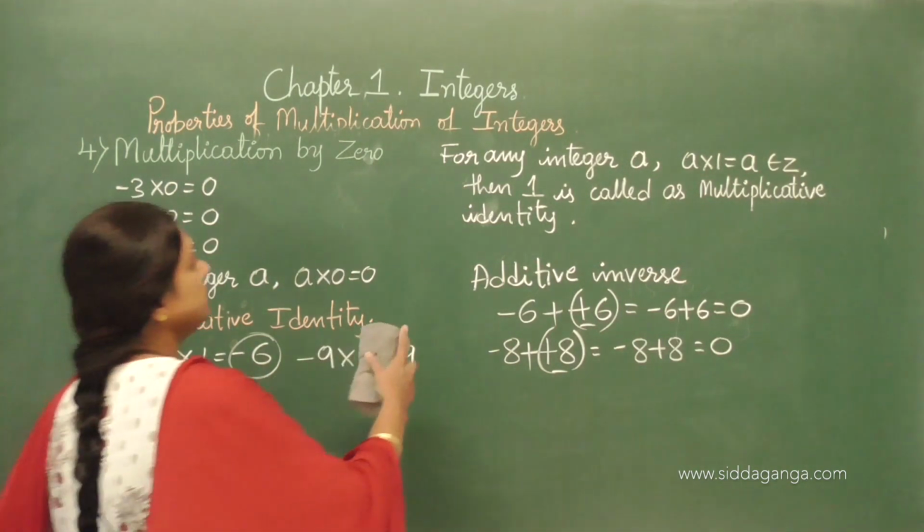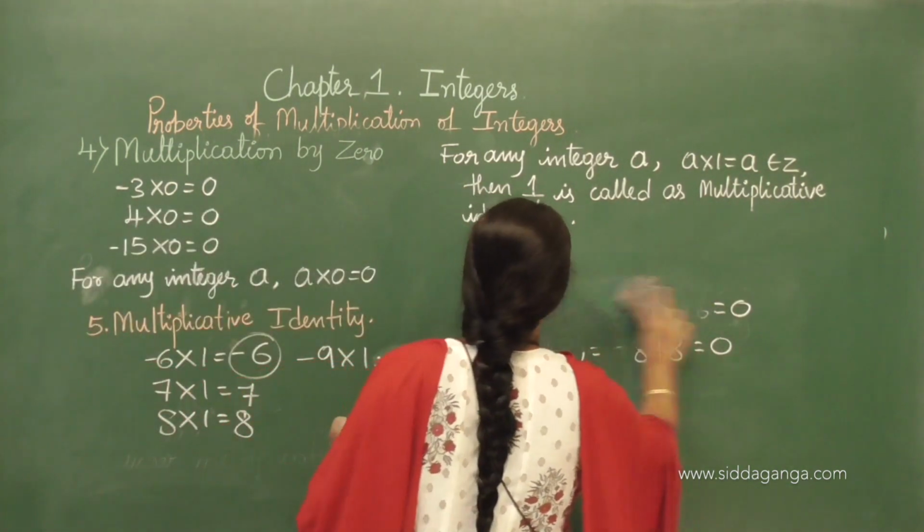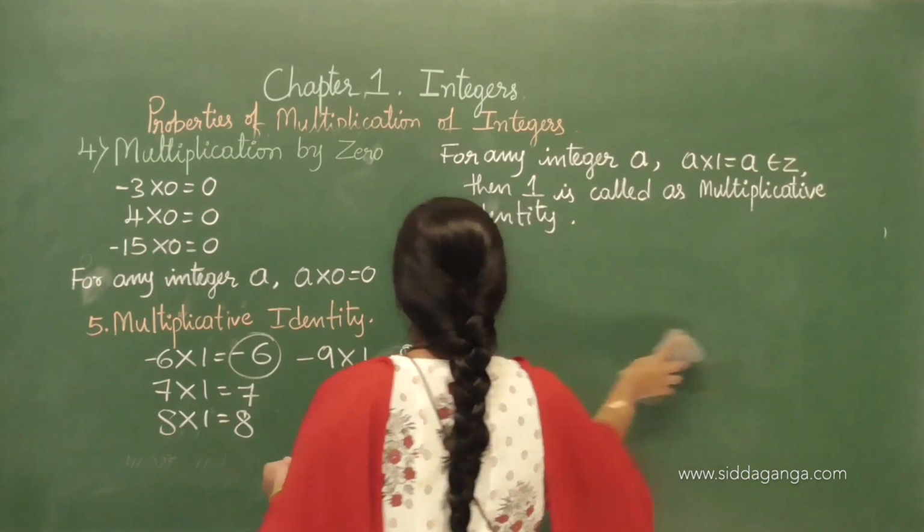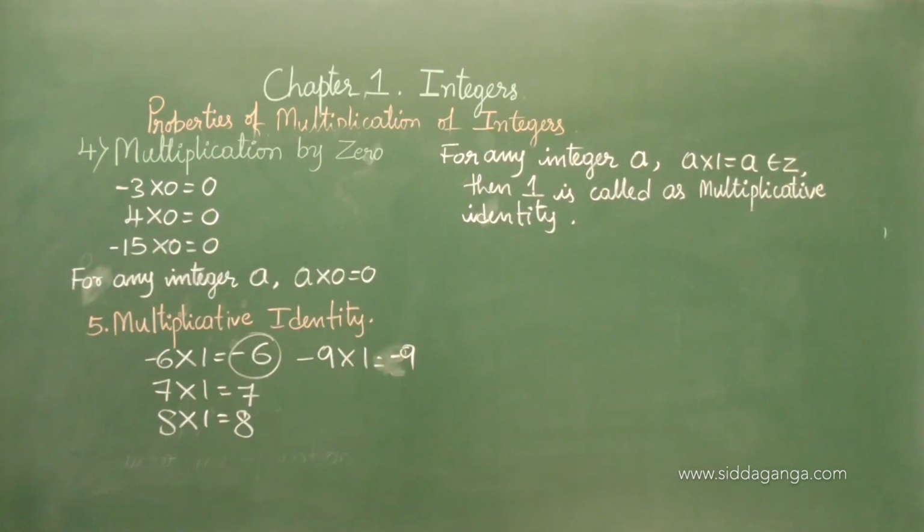Okay, and the sixth one is the distributive property.